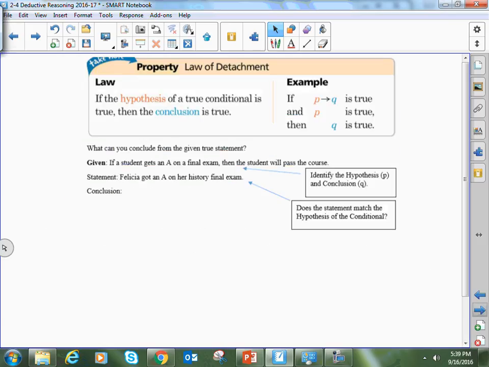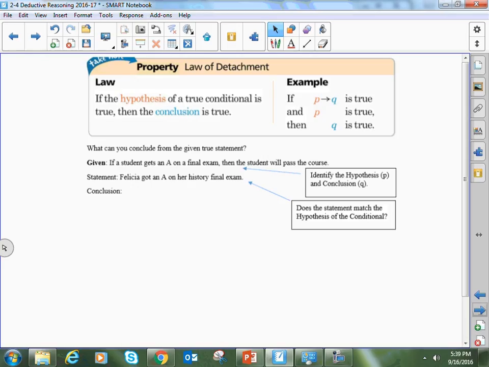So we're going to now be taking a look at something known in geometry as the law of detachment. Here it's kind of based on the idea of taking a conditional statement and another statement that's not really a conditional statement, and we're using the parts of the conditional statement to determine can we make a conclusion or not.